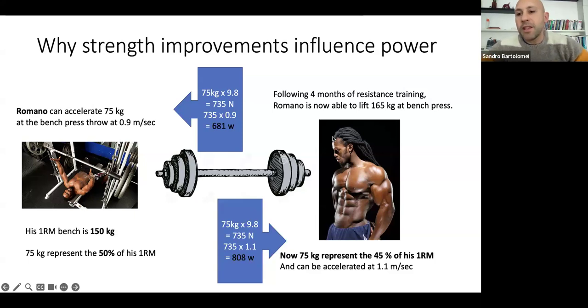So the increase in maximal strength produces an increase in the possibility to accelerate the same load, because the same load then represents a lower percentage of the 1RM, and with a lower percentage of 1RM you may be able to obtain a higher level of speed.